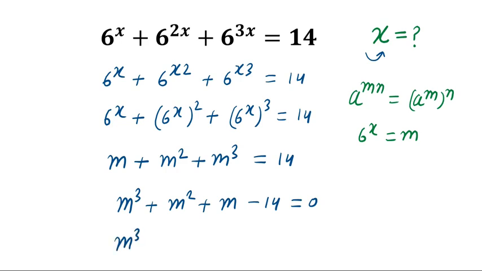M cube plus m square plus m minus, we can write this 14 as 8 plus 4 plus 2, is equal to 0. On the left hand side we have m cube plus m square plus m minus 8 minus 4 minus 2 is equal to 0.